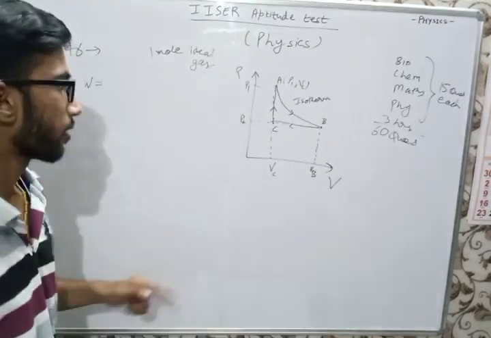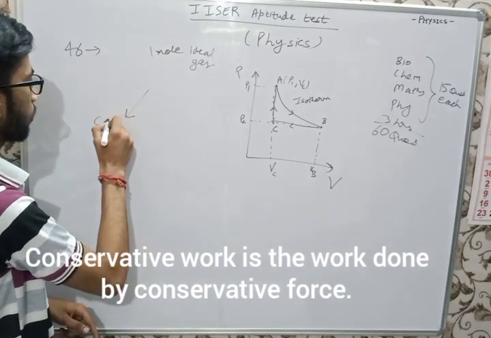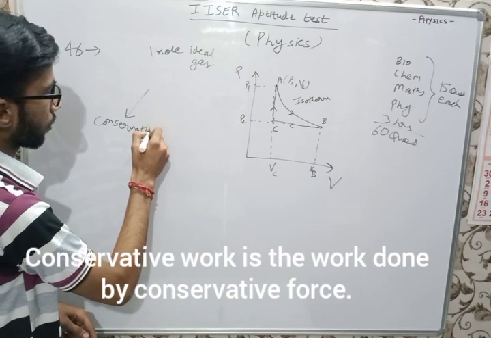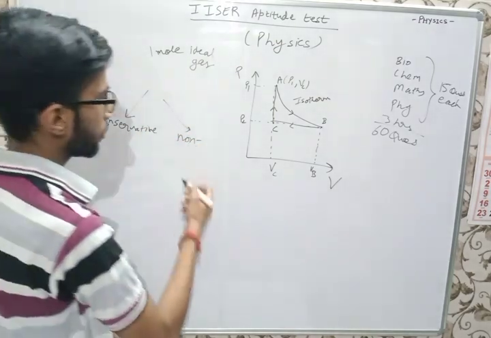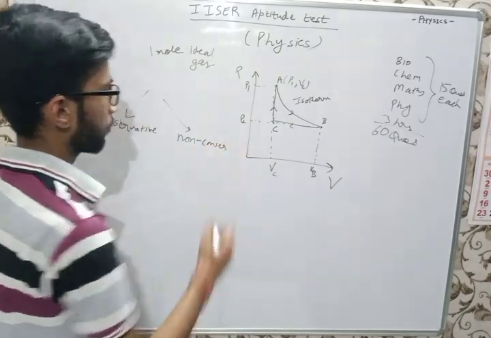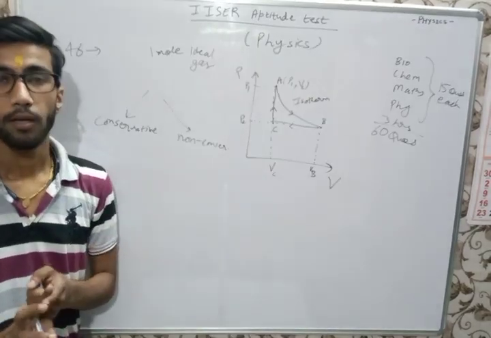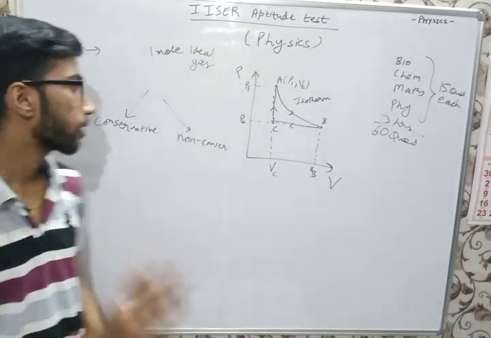You should note that there are two types of work: one is conservative work, and the other is non-conservative work. The PV work, the work done by a pressure volume system, is non-conservative.